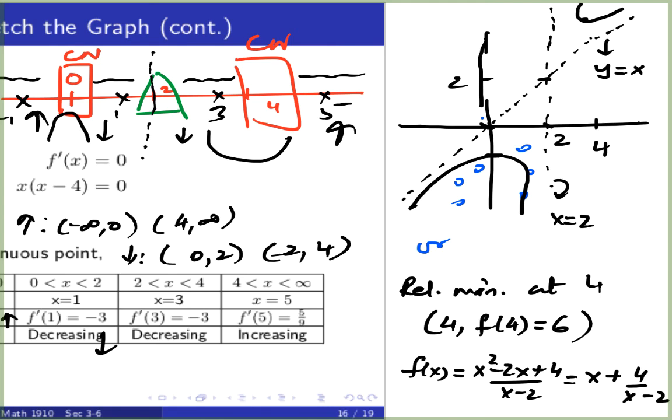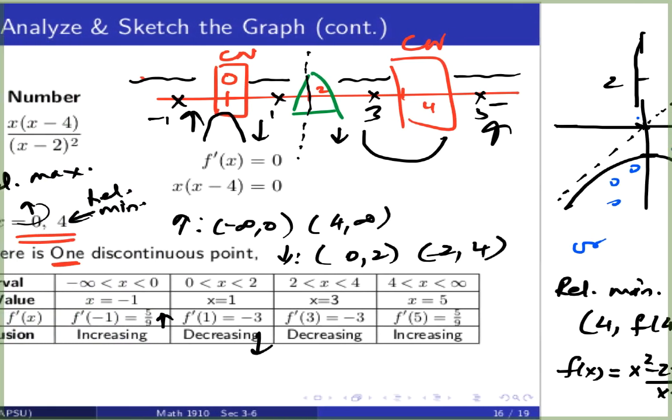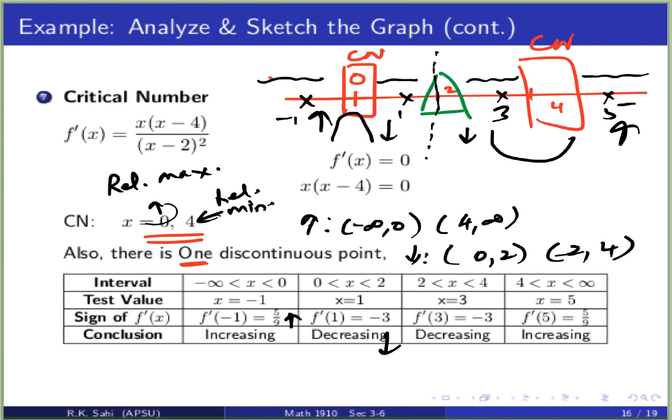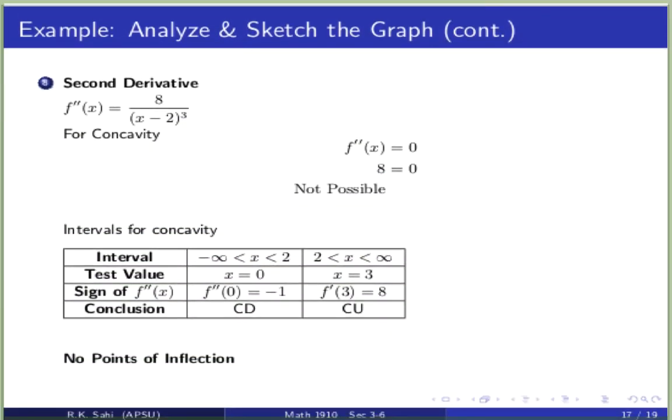Okay, let's go ahead and do it, guys. So we find the second derivative, and the second derivative is 8 over x minus 2 cubed. Can the second derivative be 0? 8 cannot be 0, right? So to find the concavity, we need to know where the second derivative does not exist. It is at 2.